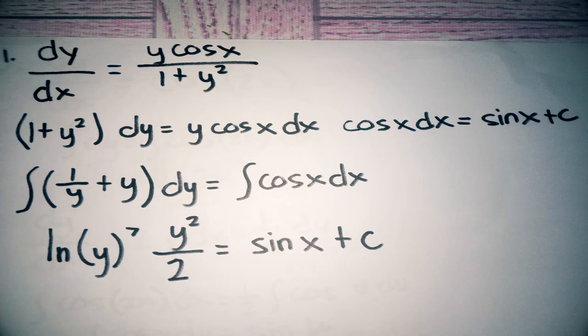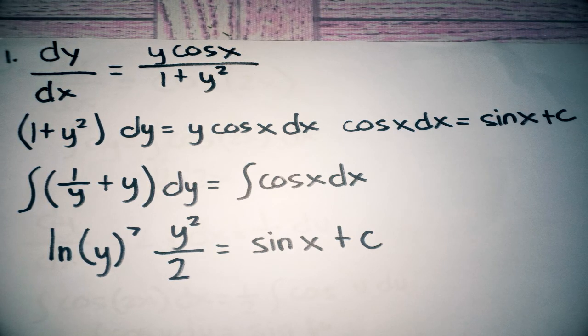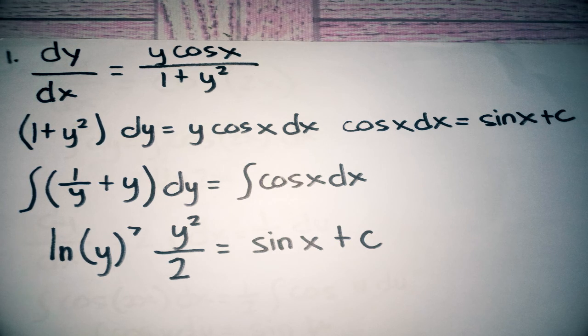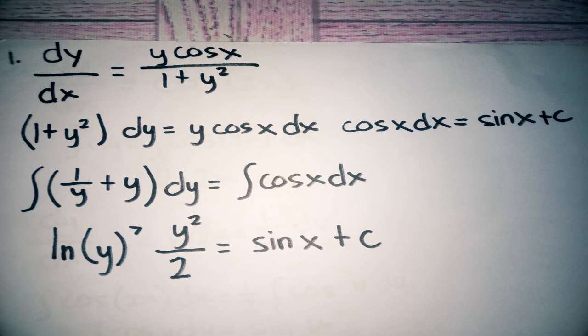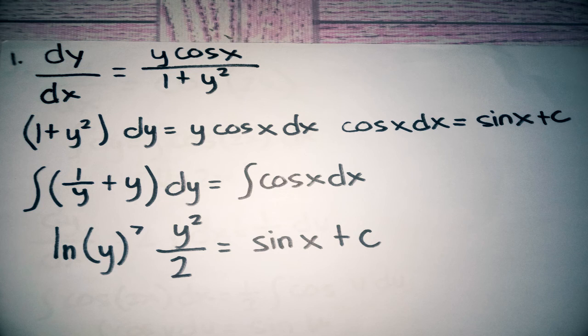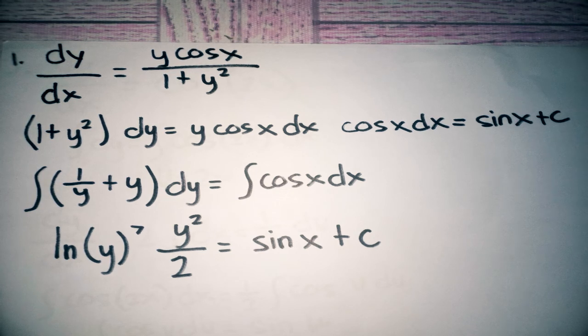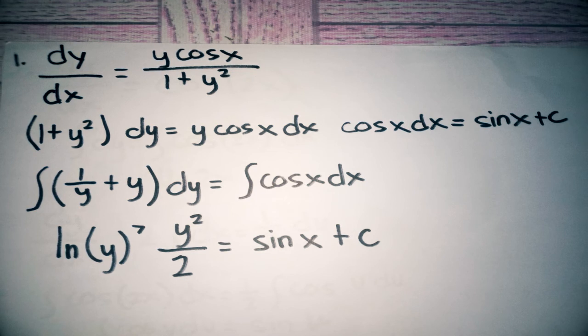Solve the equation dy over dx is equal to y cosine x over 1 plus y squared. (1 plus y squared) dy over y is equal to cosine x dx. The integral of cosine x dx is equal to sine x plus c.